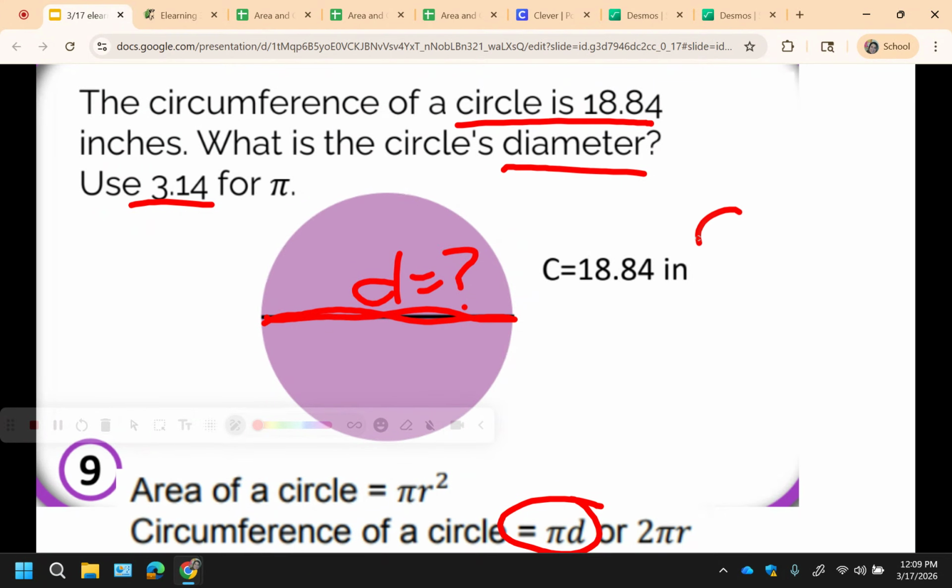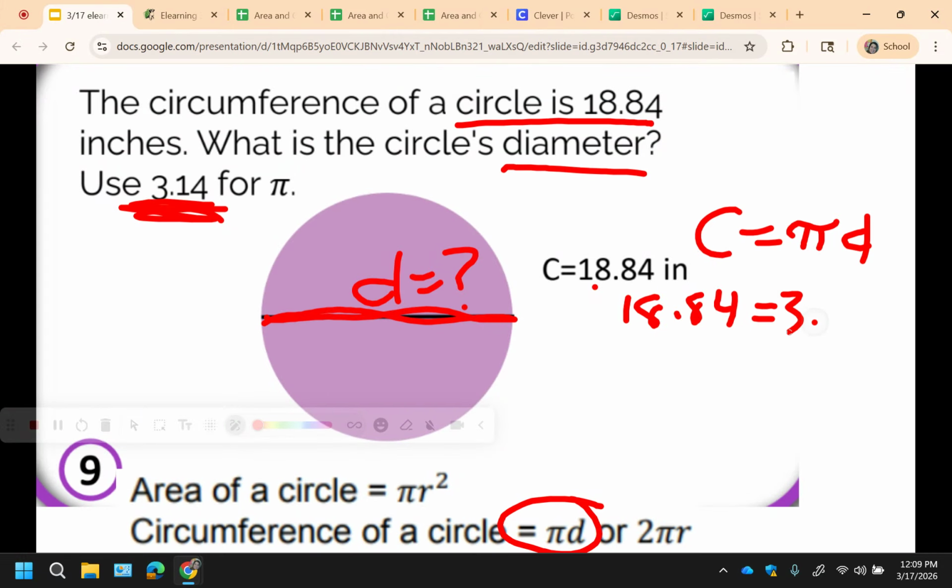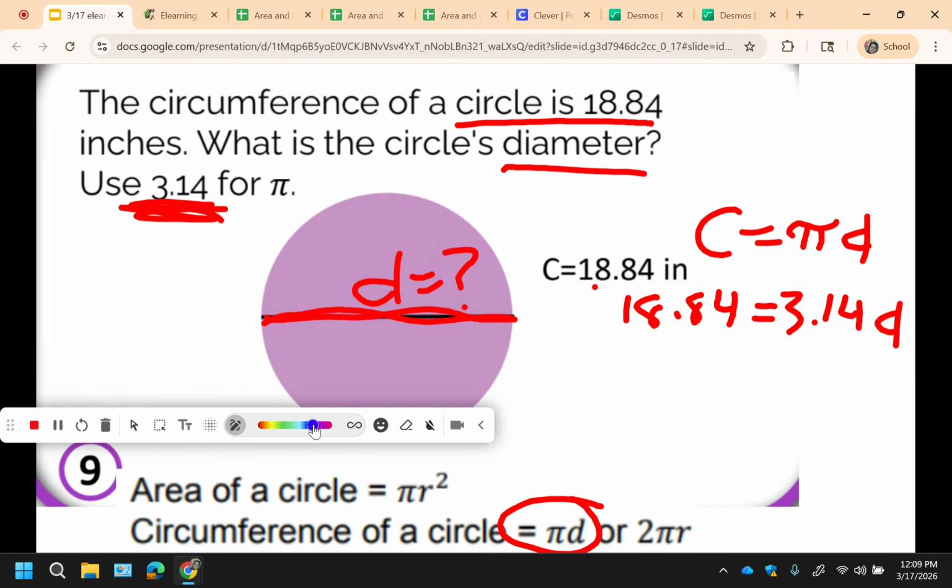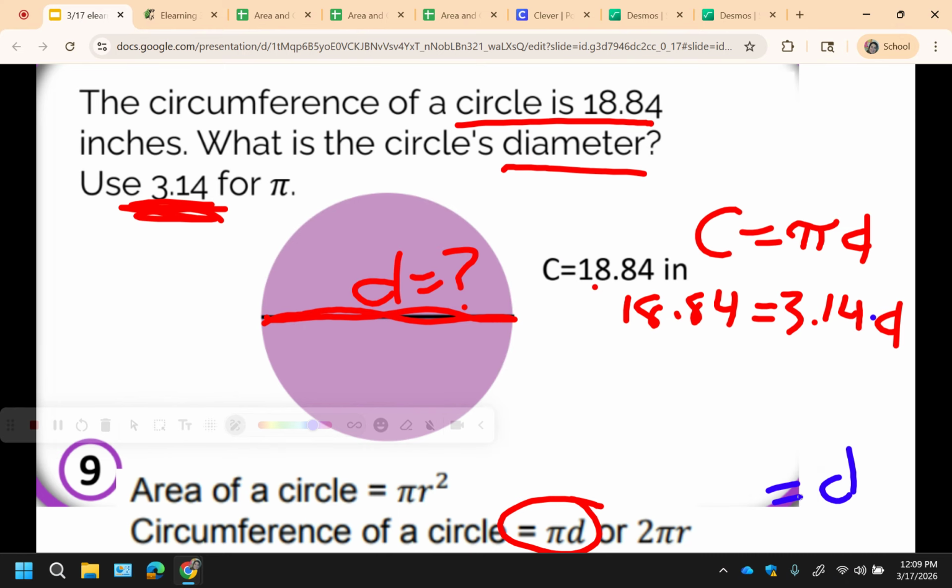So instead of leaving C as C, we're going to replace it with the number they gave us. So 18 8400ths equals, and then remember using 3.14. And we made a one-step equation. And so now they want us to solve this one-step equation. Well, this is multiplication. We want to get D by itself.